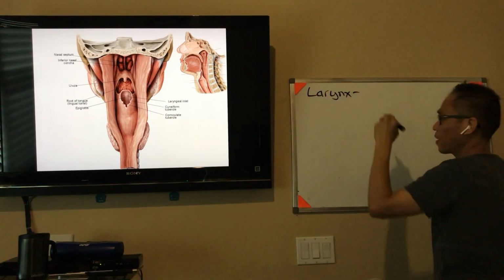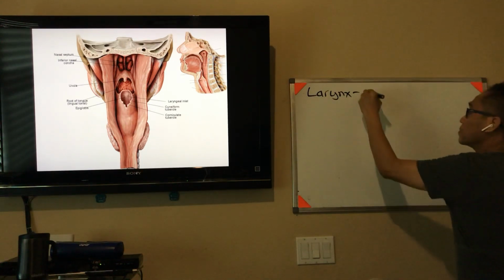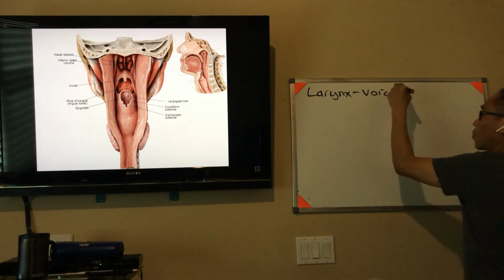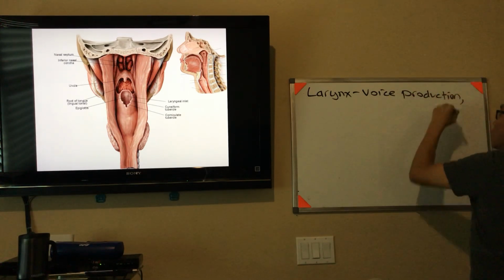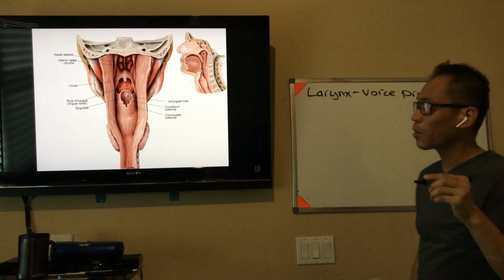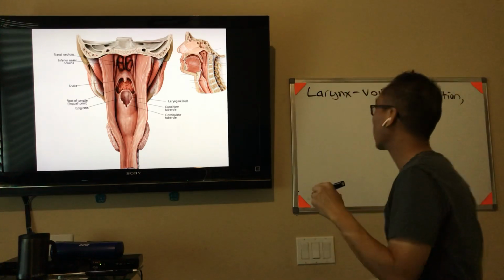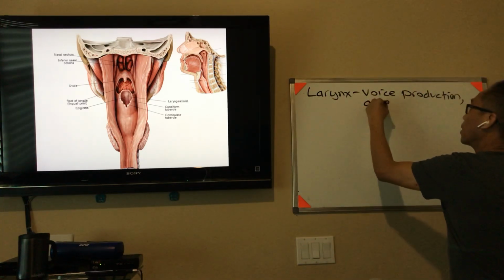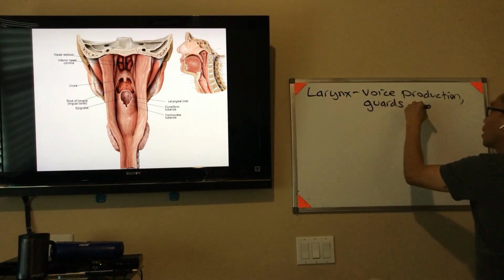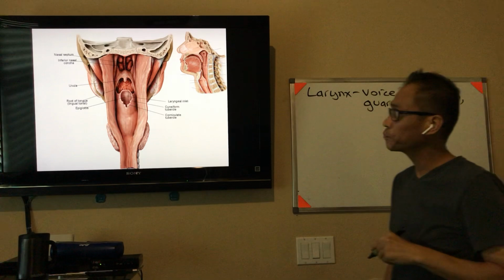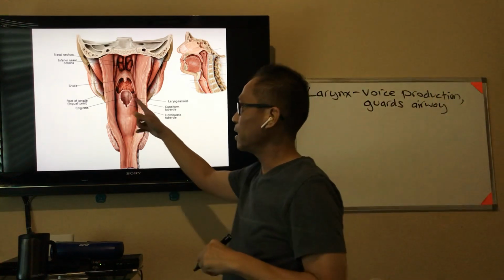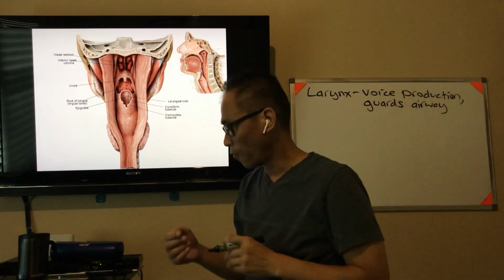The main function of the larynx is voice production. It has the vocal cords, as we'll see, but it also guards the airway during swallowing. So that inlet, it's the route for food.